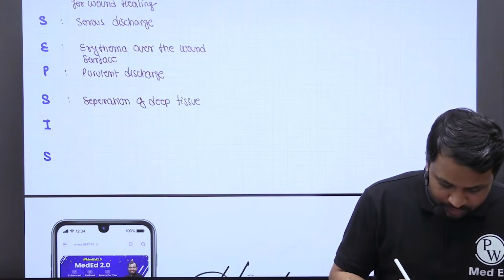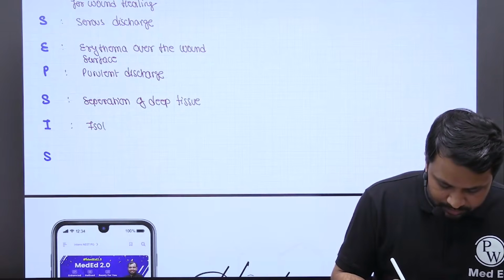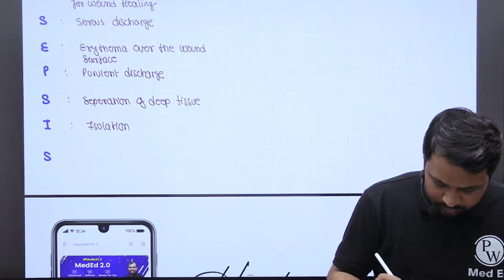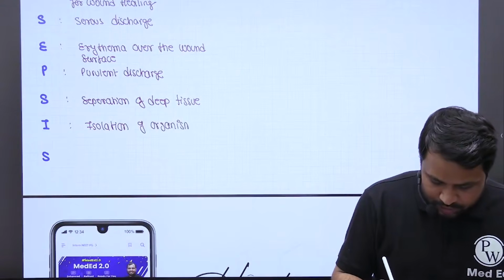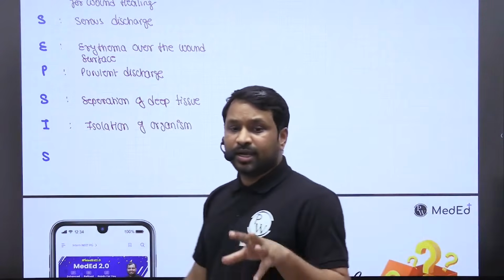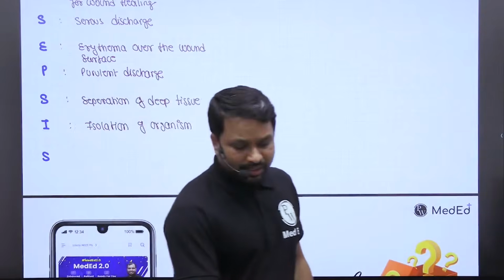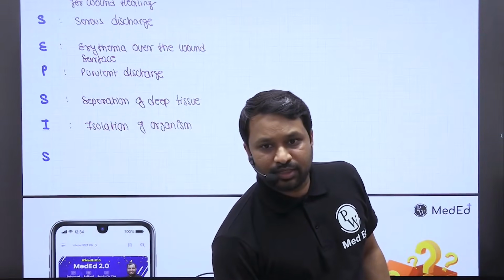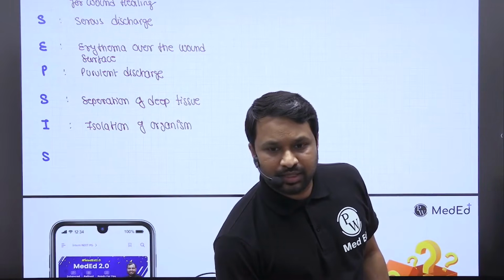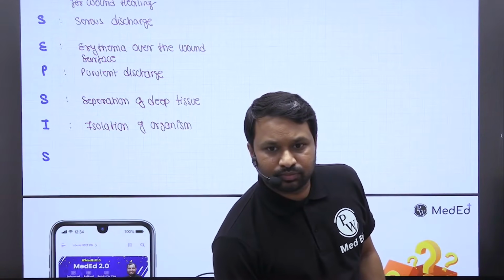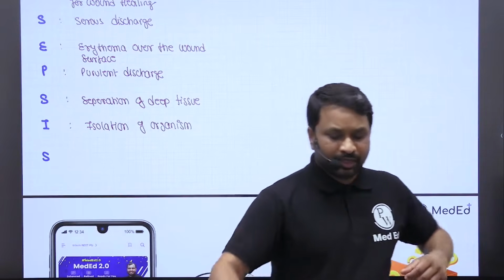I stands for isolation of organism. It is the isolation of organism that we have sent for culture. In the culture, it is positive for bacterial growth. Right?